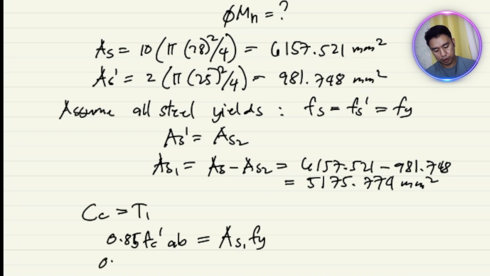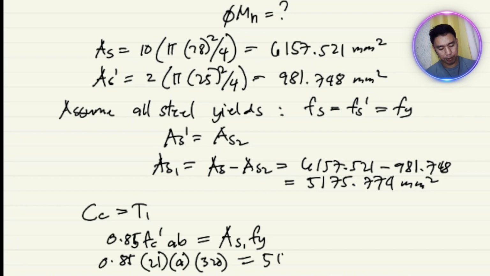This is 0.85 times Fc prime 21. Ang a, ito yung hanapin natin. Ang b is 320, equal to As1, which is 5175.774.